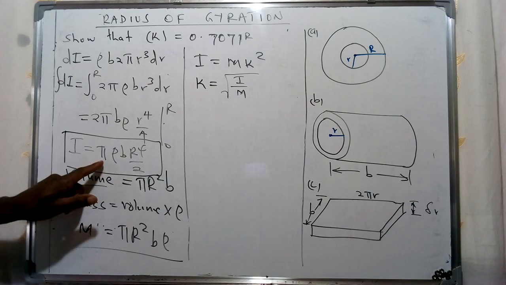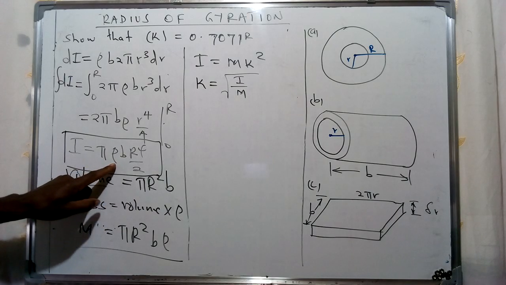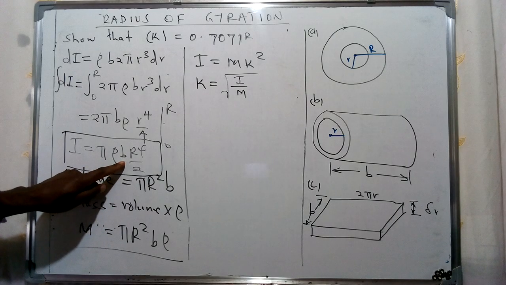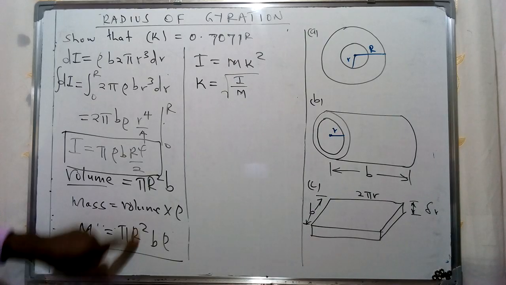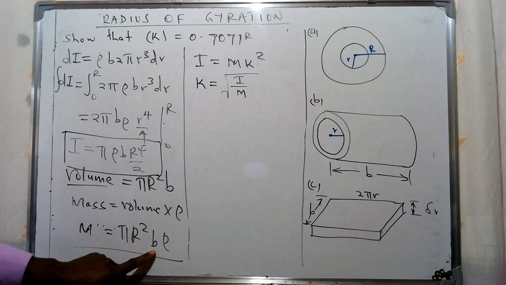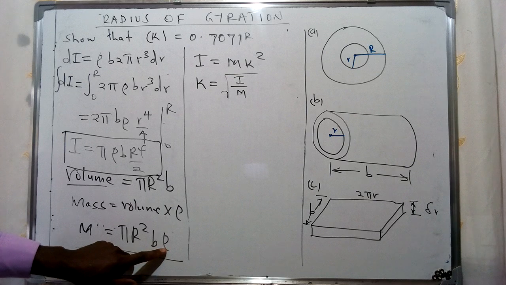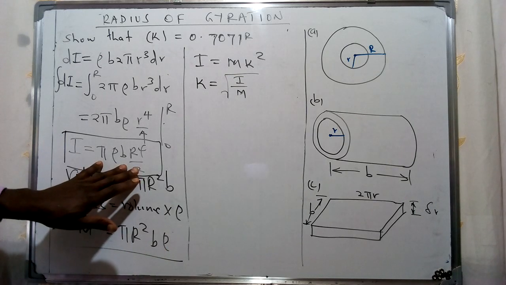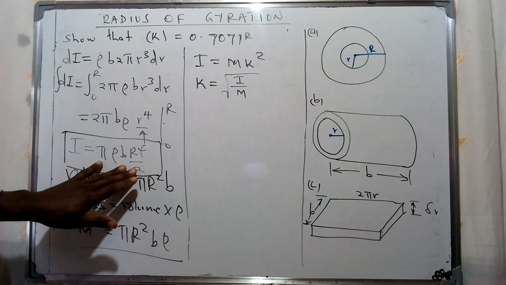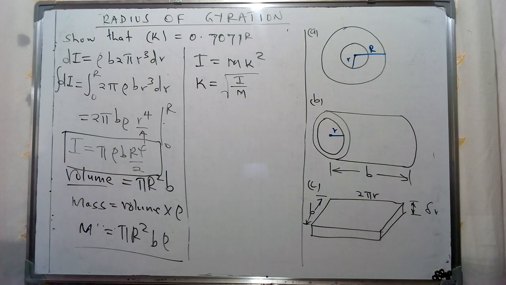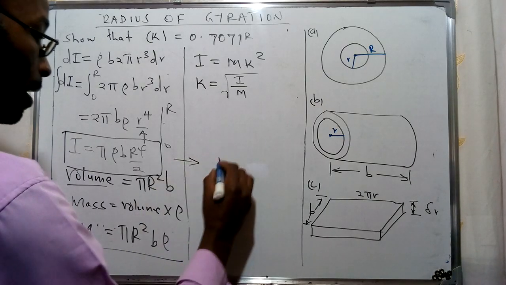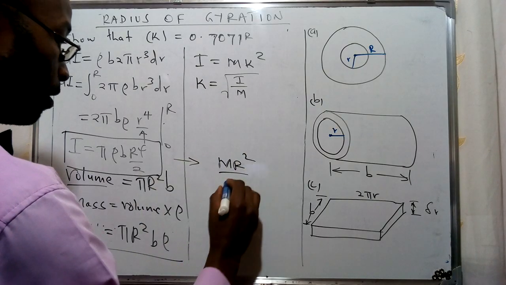But we're going to consider the elements pi, r squared, b, and rho in this specific case, and try to do a substitution for this moment of inertia. In doing a substitution, this moment of inertia can be given in terms of m r squared all over 2.